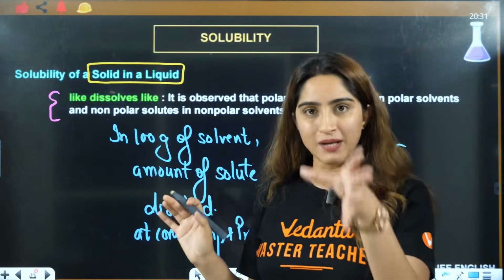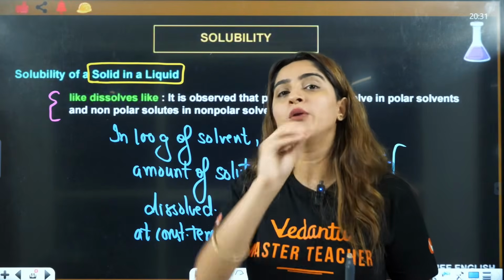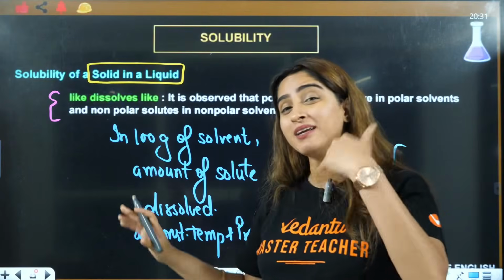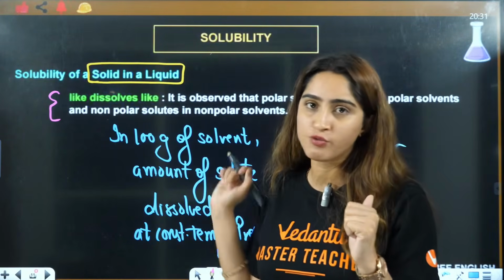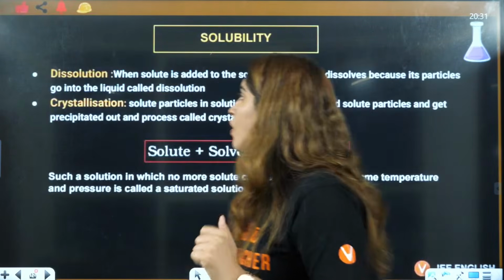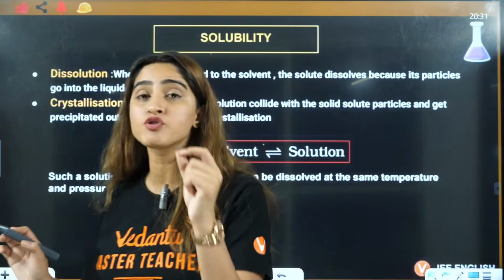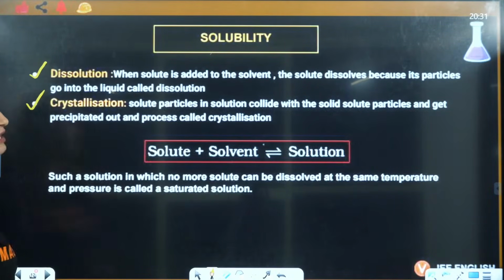But you just remember that like will dissolve like, polar will dissolve polar, non-polar will dissolve non-polar more easily, right? We will see this concept in detail in organic, and in inorganic also this will be useful, right?